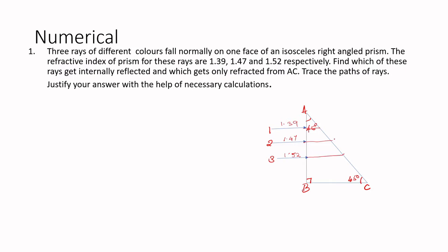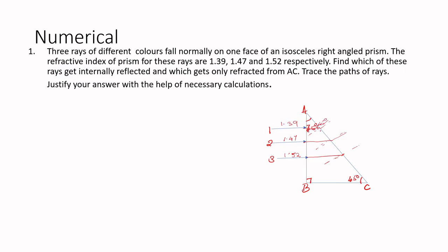Now what we have to do is find out at this point of incidence what is the angle of incidence for each of these rays. As we know, this is 45 degrees, this is 90, and this will be again 45 degrees.